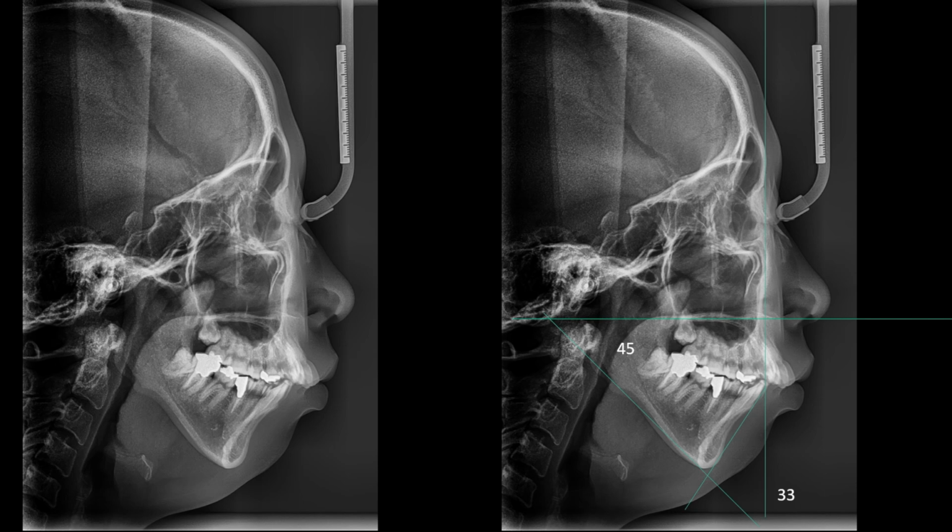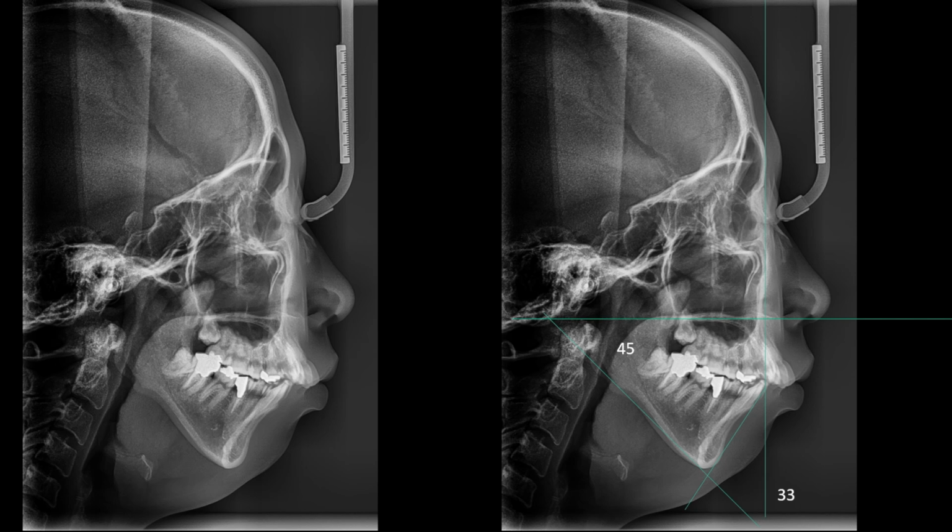So look at the lateral cephalogram. This patient originally has an uncontrolled bone structure, okay? So my student already understands what the important factor is.